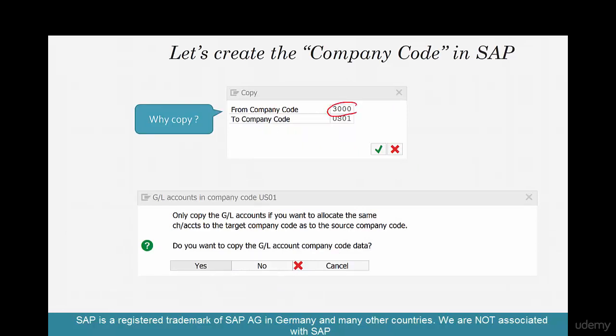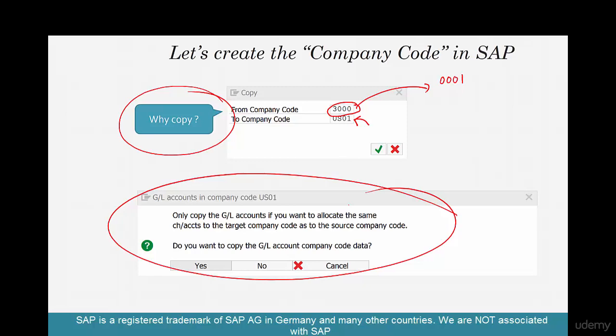And we have discussed why we want to copy, right? And then we have selected the source as 3000 and the target as US01. And like I said, if you're doing it in a real project, you're going to copy from 0001 instead of 3000. And then you get a bunch of messages.